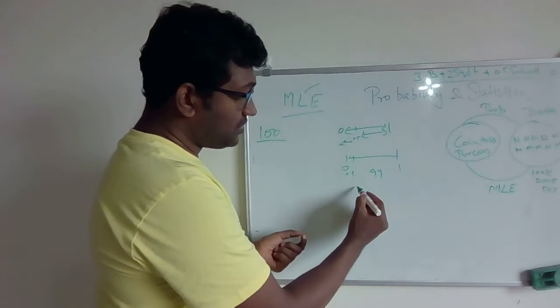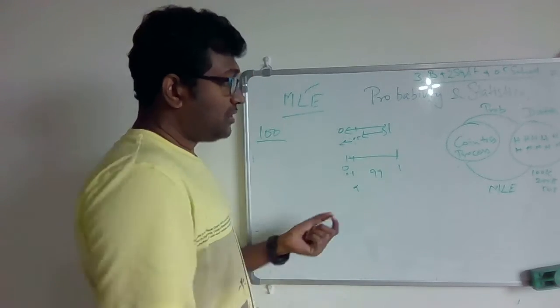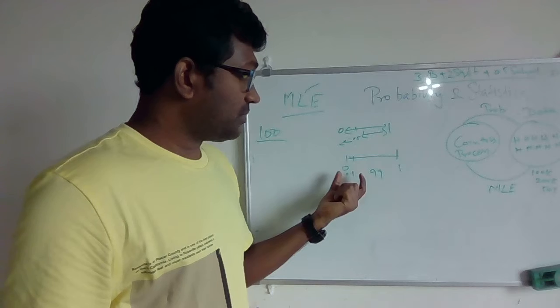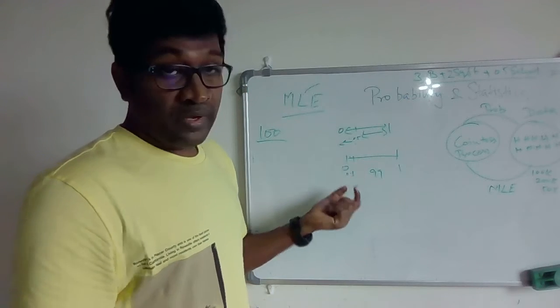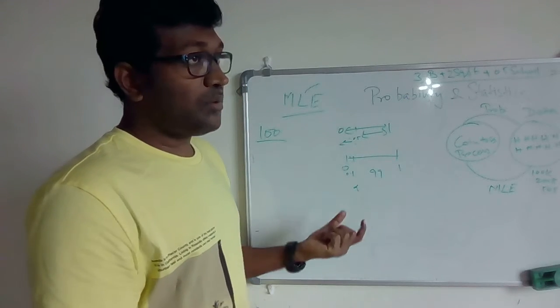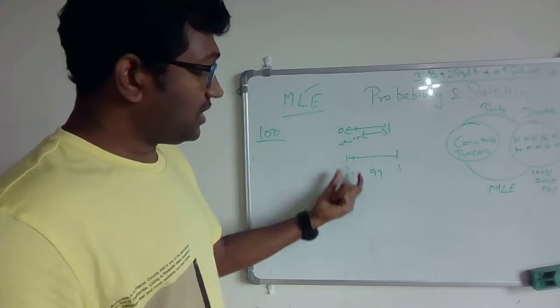So these are the alpha values, 0.05 or 0.1. So I am rejecting the null hypothesis and accepting that he has committed a crime. That's the idea.